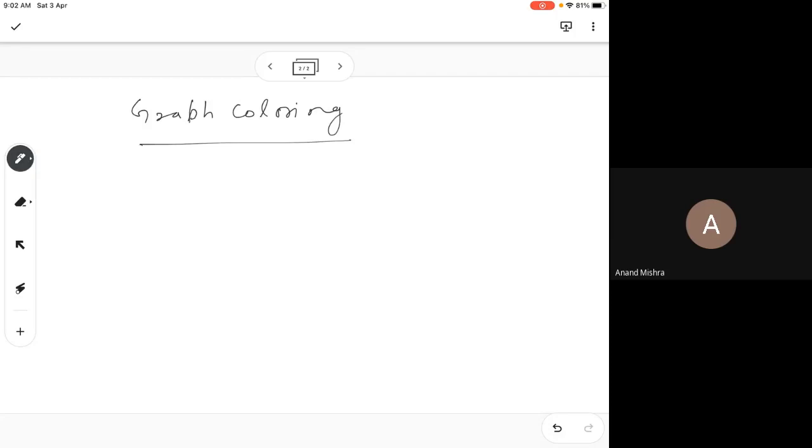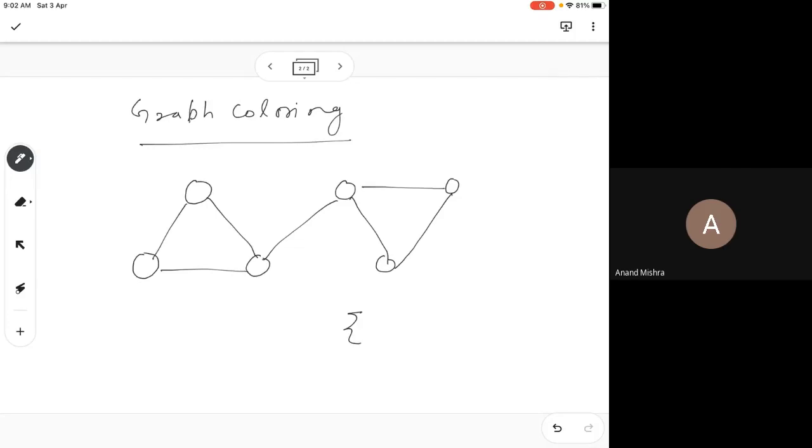So let's maybe take another example to just understand the greedy algorithm. Let's say I have this graph. Okay, so this is my graph. The greedy algorithm will have some set of colors, so it will have red, green, blue, yellow, and so on.